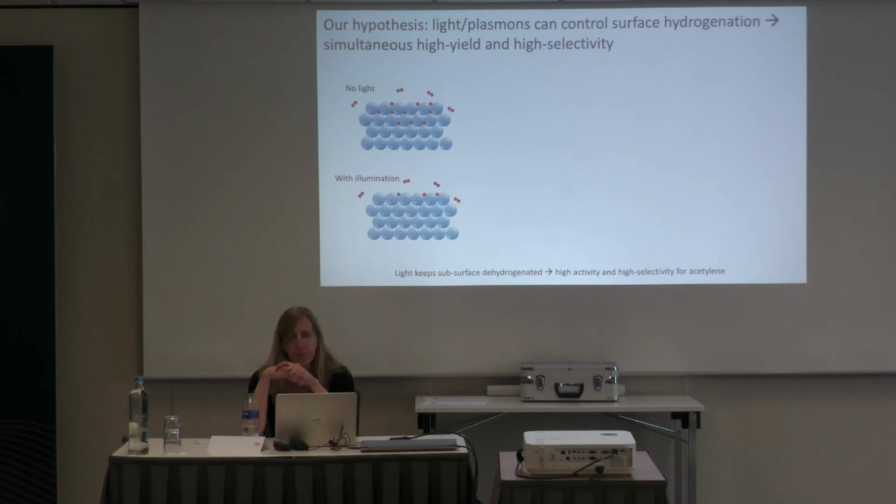With illumination, you need illumination at the right wavelength to get enough of the hydrogen out of the surface. If you're pulsing it, I think that's actually a really cool idea that we haven't tried yet.